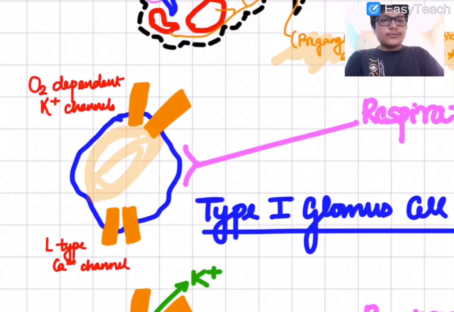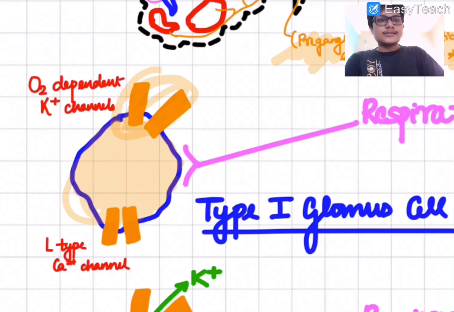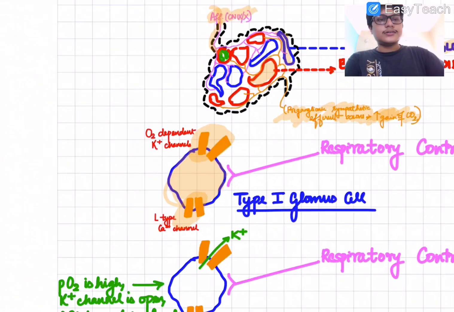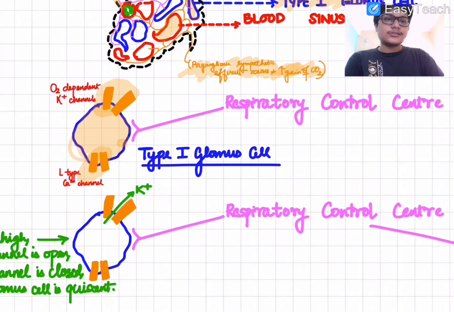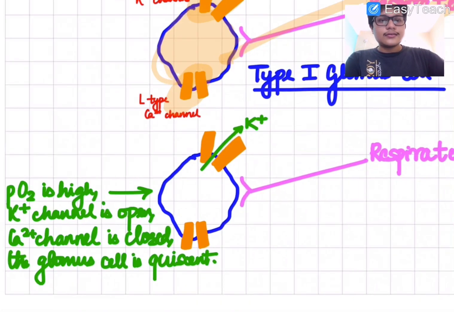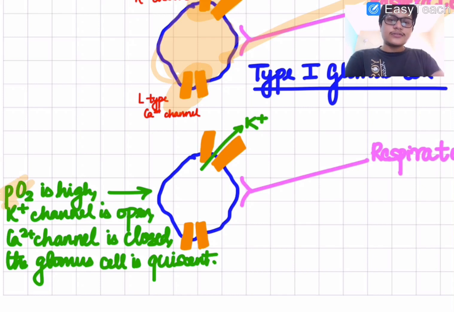Now, these type 1 glomus cells have two essential channels. One is this oxygen gated potassium channel, and the other is this L-type calcium channel. And of course, their afferent supply goes directly to the respiratory control center in the medulla. Now, what happens when the partial pressure of oxygen is high in the arteries or in the blood?